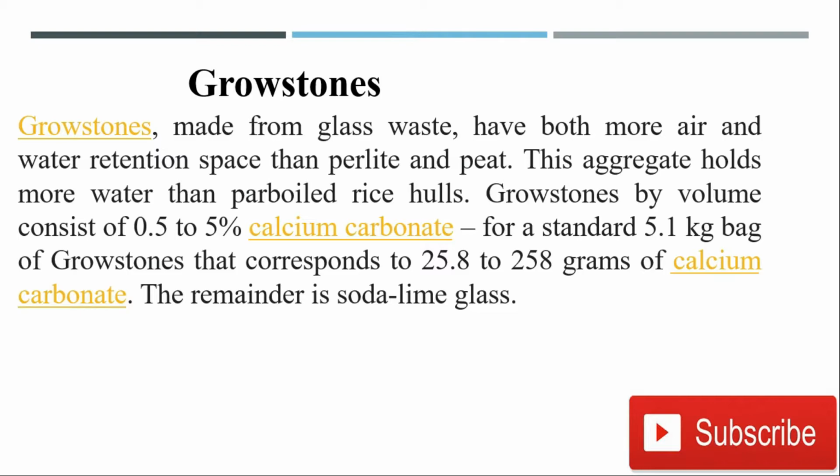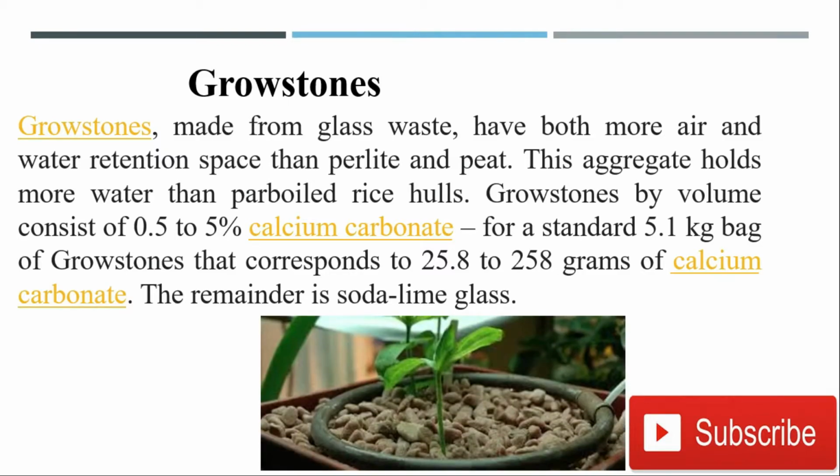The remainder is soda-lime glass. So this medium is also important and can be used for hydroponic crops. This is an example of grow stones that we can use for the hydroponic system.